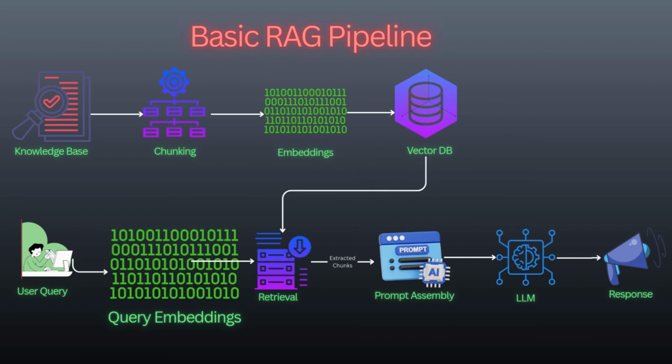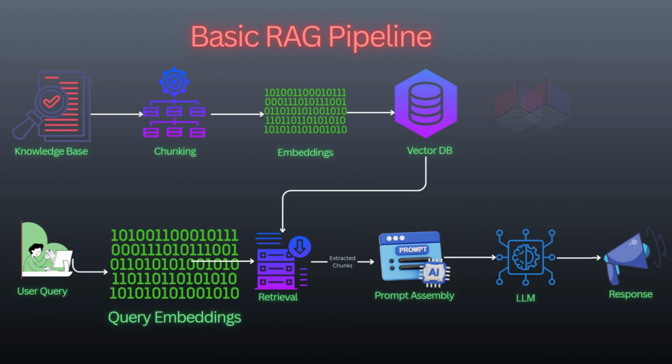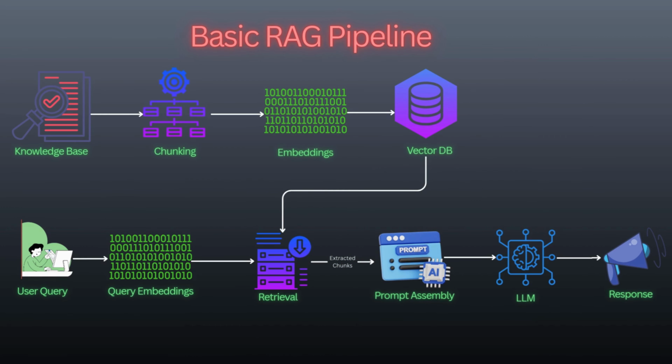As I said before, we are no longer matching words here, we are matching the meaning. The vector database compares the query embedding to all the stored embeddings and returns the top k most similar chunks. If the chunking and embeddings were done well, the retriever returns the authentication related code. This is the most important point. The model can only answer based on what is retrieved.